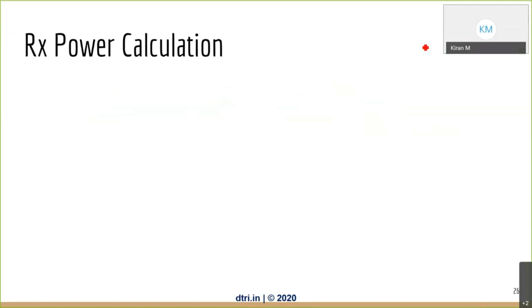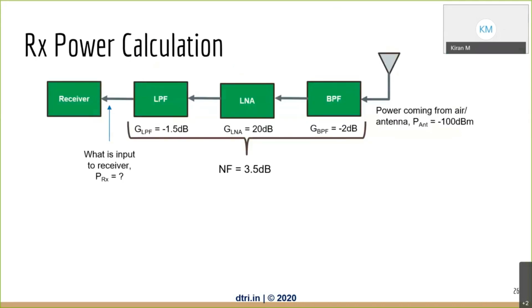Now if it's a receiver, remember it is coming from the air side and it is entering the antenna and it will go through the rest of the blocks. So the calculation also we do from right to left here. Right to left calculation. We go like this, right to left in the receiver.